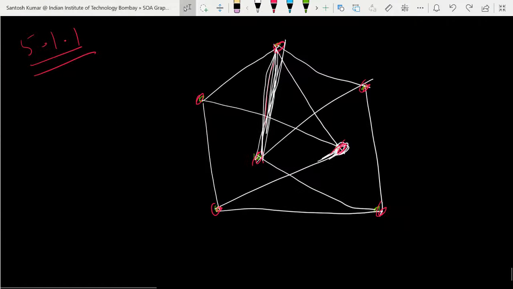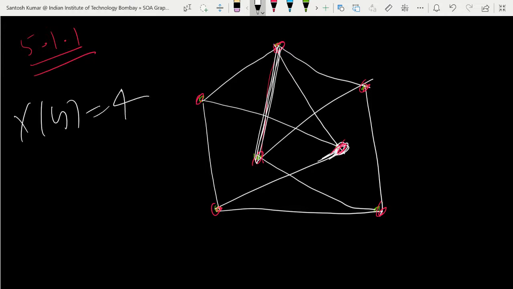Then we try: chromatic number 4. So the chromatic number of this graph is 4 now. Clique number is 3, sir.